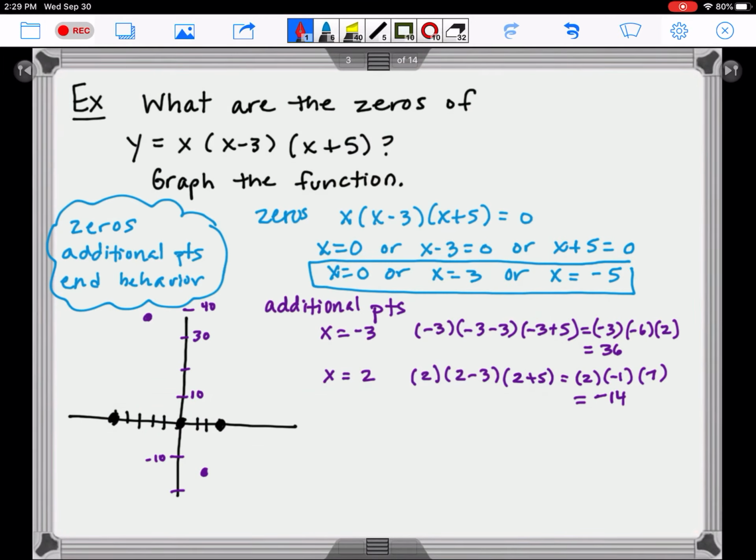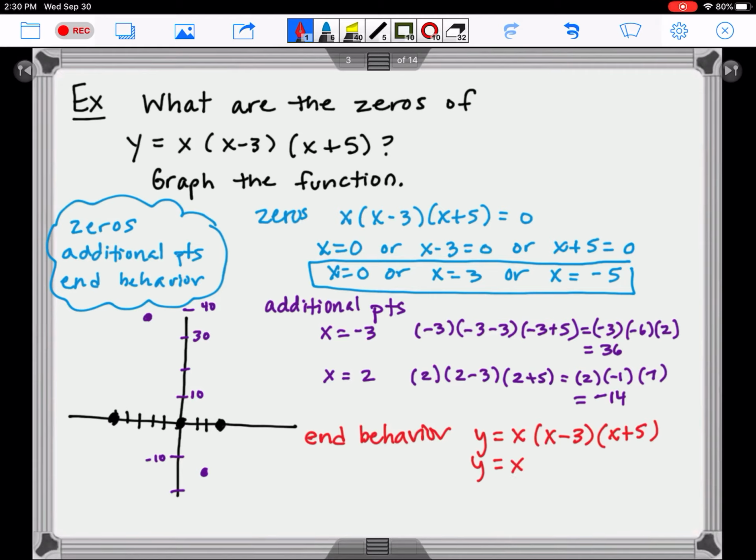All right. So I also have to take a look at the end behavior. And for the end behavior, if I multiplied this out, let me go ahead and do that. Let me get this polynomial in standard form, highest degree to lowest degree.